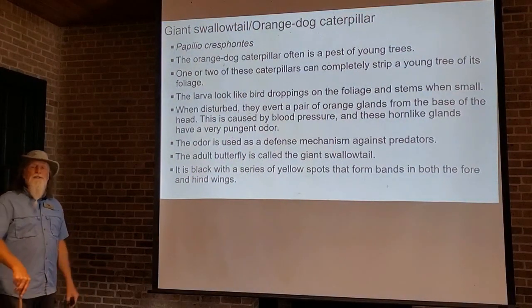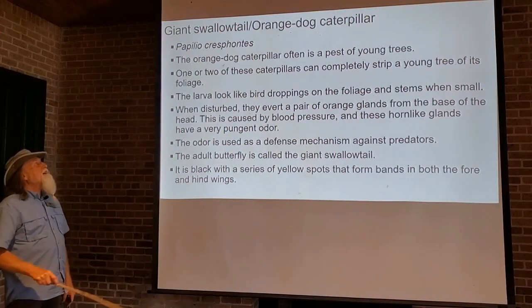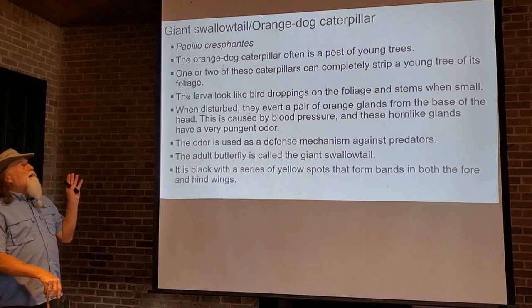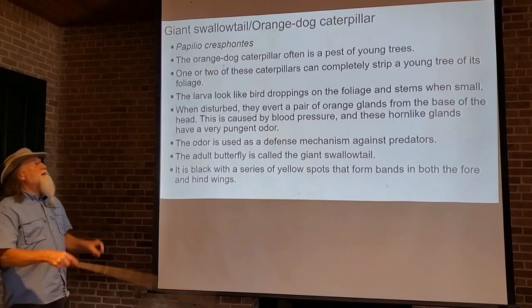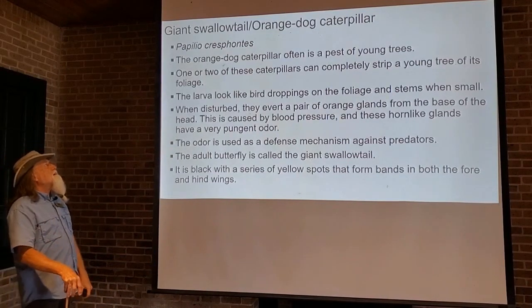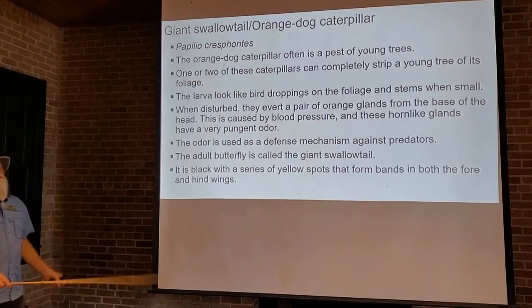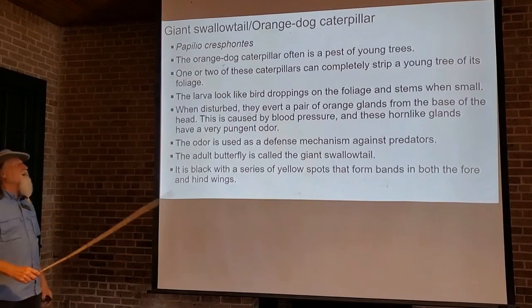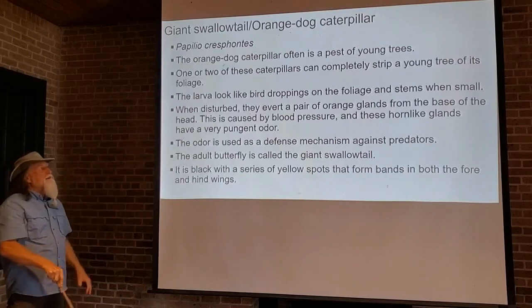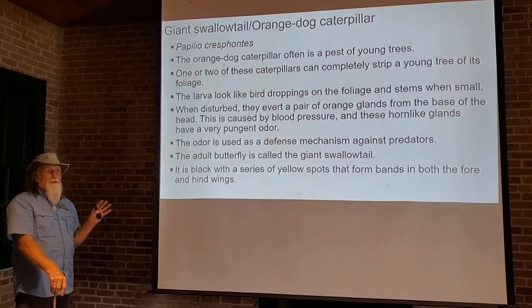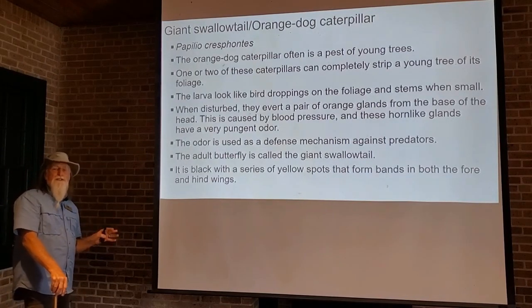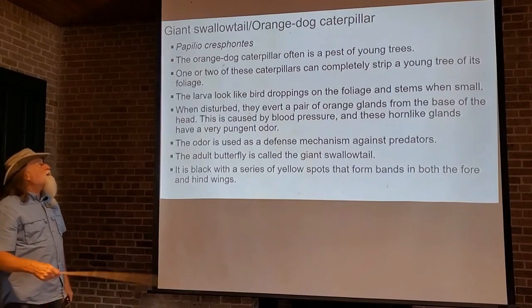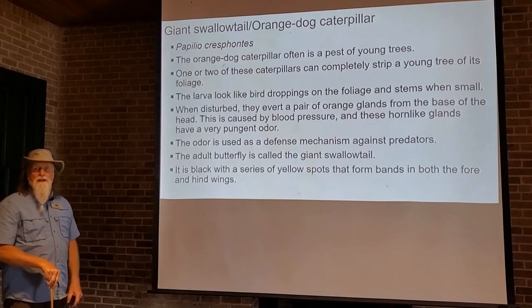And the other insect we want to talk about is the giant swallowtail, sometimes called the orange dog caterpillar. This is Papilio cresfontes, and this is a beautiful butterfly. The orange dog caterpillar, the time it causes most damage is on very young trees, because the caterpillar is a very large caterpillar.